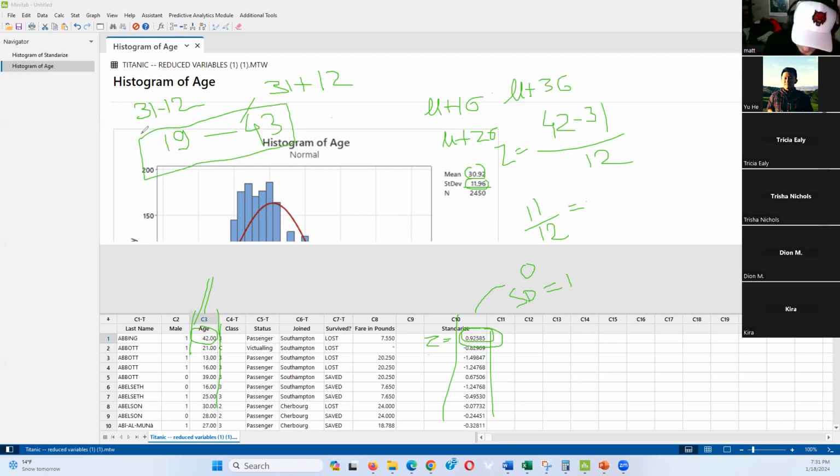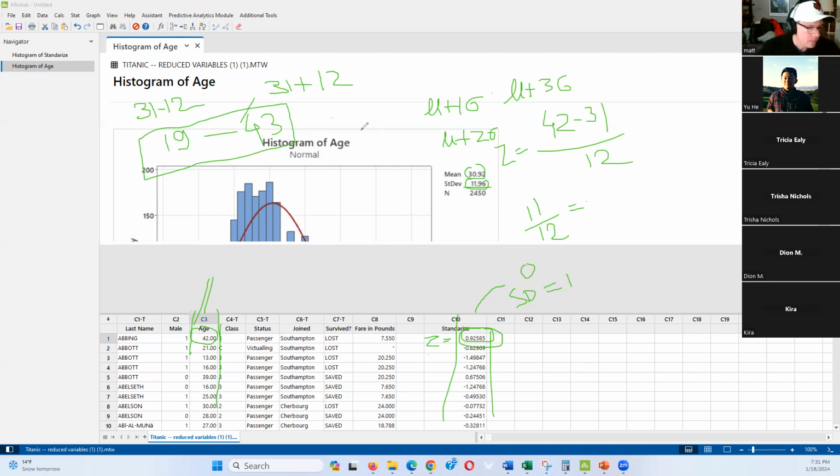You will find approximately 68%, because plus minus 1 sigma, the empirical rule, says about 68%. Since we have only 2,450 data points, it will not come accurately about 68%, but it will be close to that. But when you have like 10,000, 20,000 data points, you will get approximately the same value.